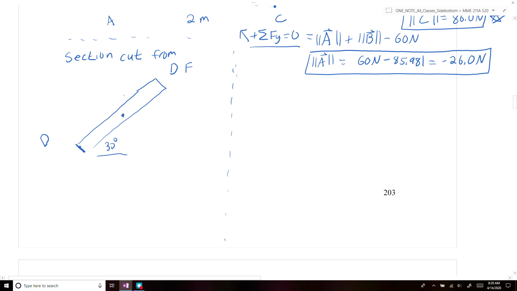We will have our applied force B, which is equal to 86 newtons. And then we have our 60 newton force going down.